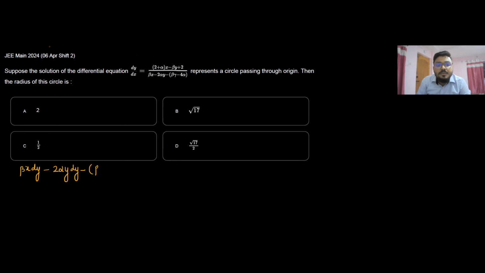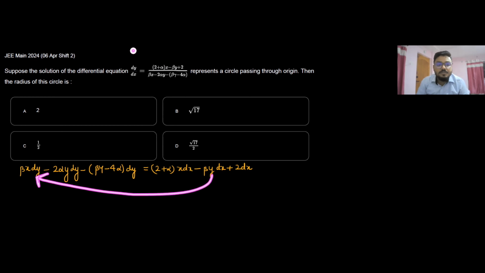All right. So what I was talking about is we will shift this beta x dy with this term. So shifting this here, what we are going to have is beta times (x dy plus y dx). Okay.